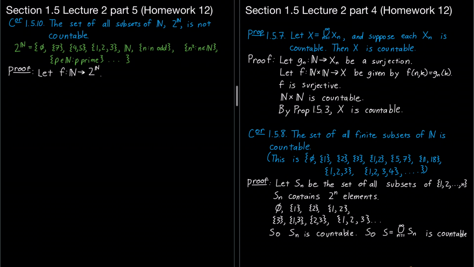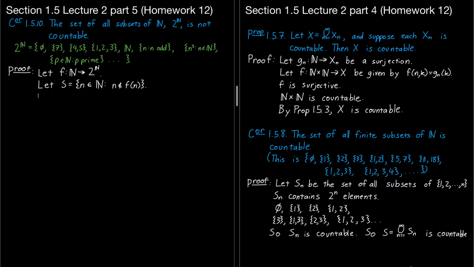So it's just any function like that. Now we're going to define a set S like this. Let S be the set of all natural numbers n such that n is not in f of n.